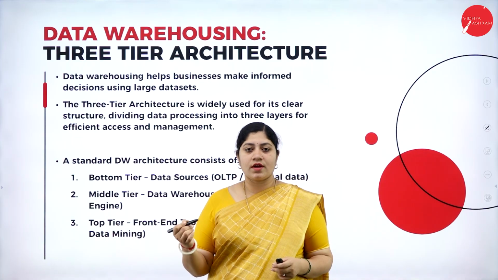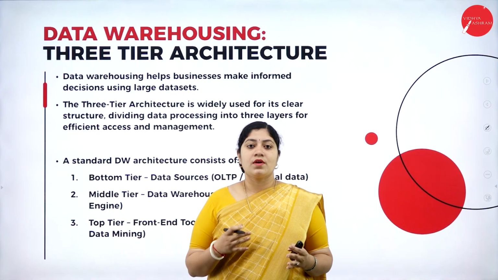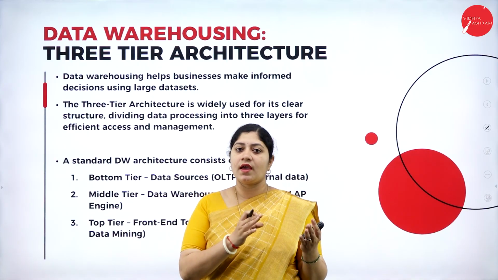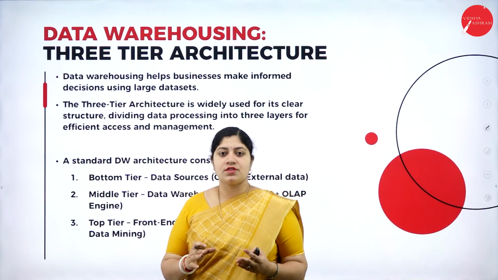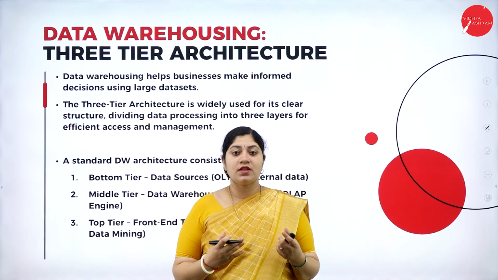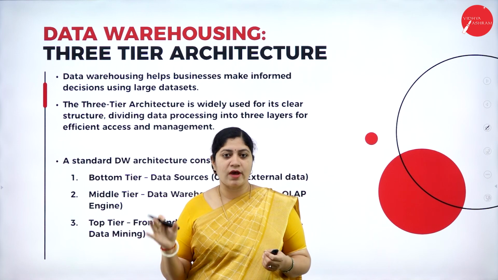The three-tier architecture provides a clear structure of data processing. How is this possible? We can divide the architecture into three different parts, and through this we can expect complete, easy extraction of information as well as management.